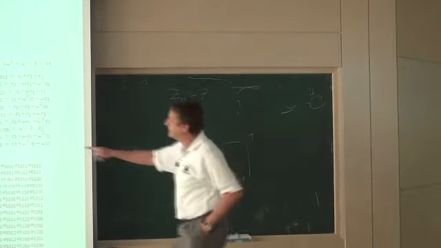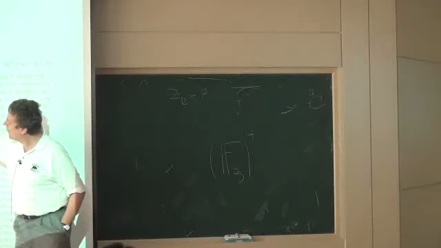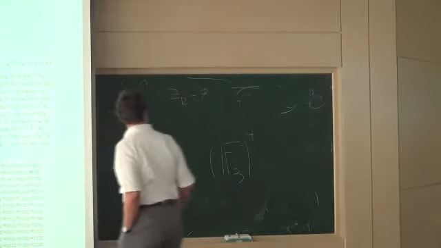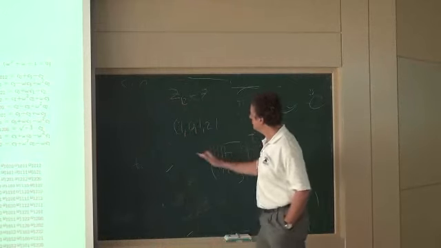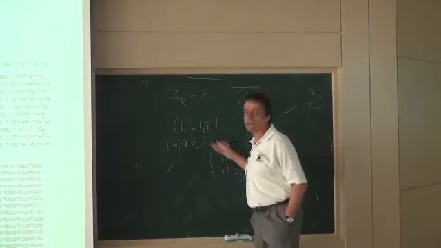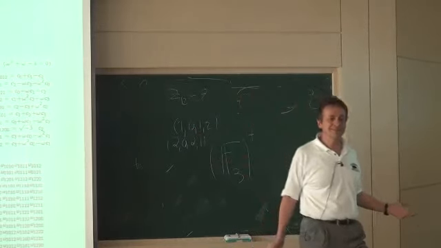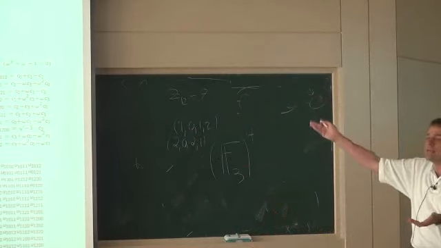These are the names. For example, 1, 0, 1, 2 is a point here, but I identify this with 2, 0, 2, 1, which is just twice it. So on this finite vector space, these are the names.